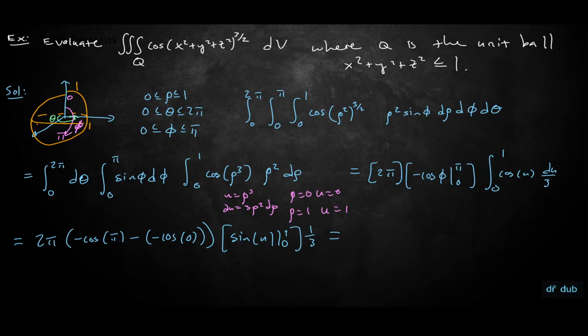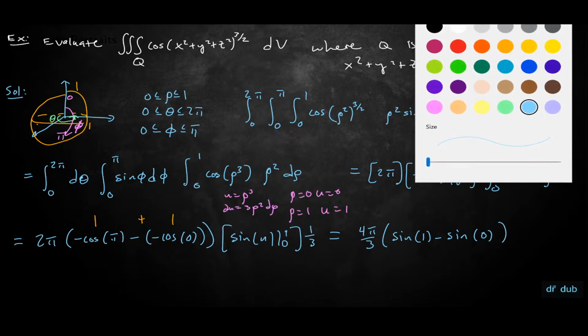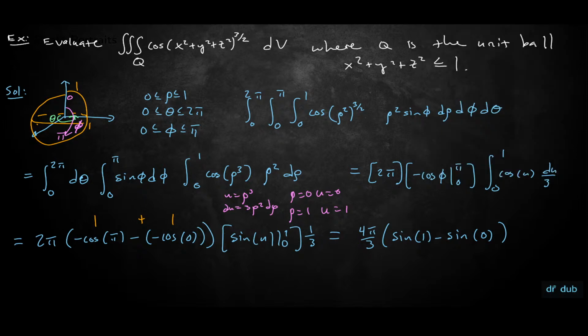So this is negative of negative 1, which is 1, plus 1. So this is going to be 4 pi over 3 times sine of 1 minus sine of 0. But we know sine of 0 is 0. So this is just going to be 4/3 pi times sine of 1.